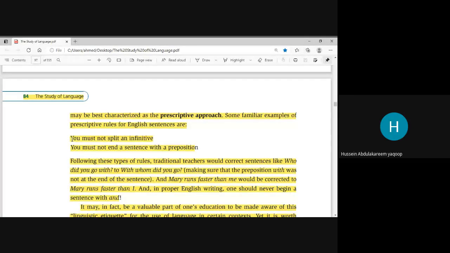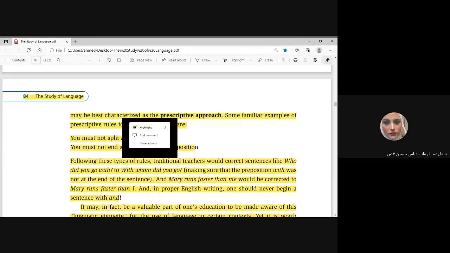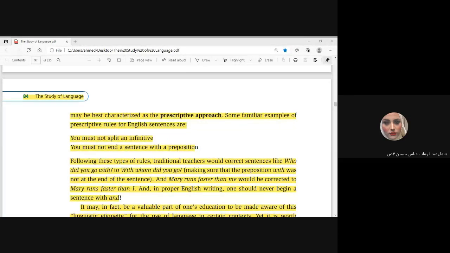These are exactly the examples I'm highlighting now. And another example, Mary runs faster than I, instead of Mary runs faster than me. Right. And another rule is you should never begin a sentence with and, like my family and I, instead of me and my family. Right. So all these are according to the prescriptive approach of analyzing grammar.